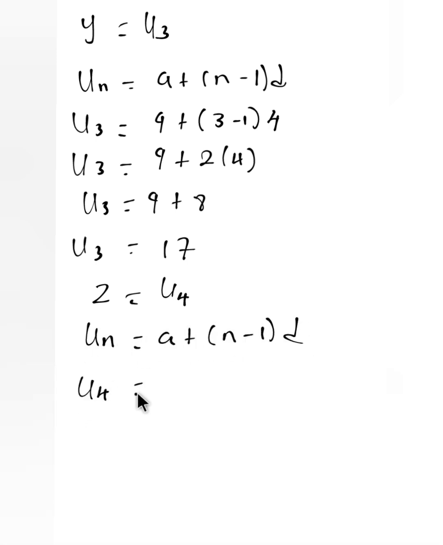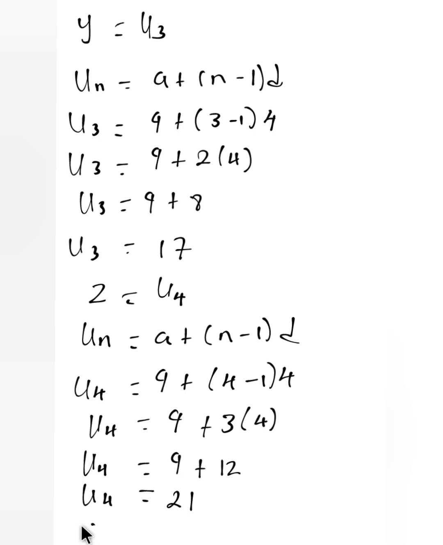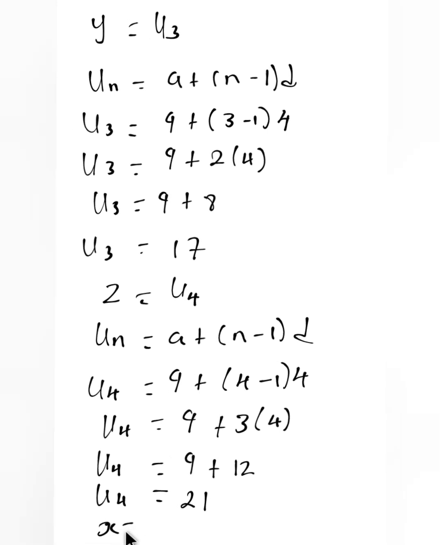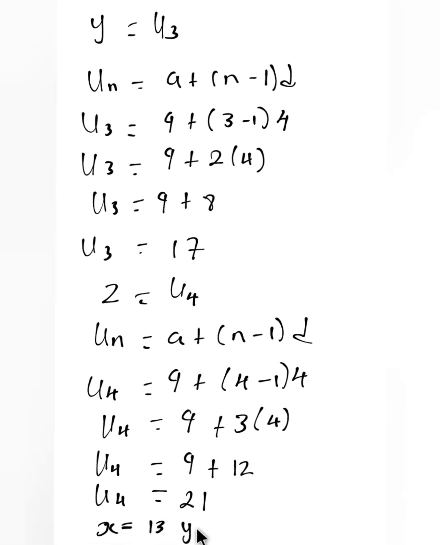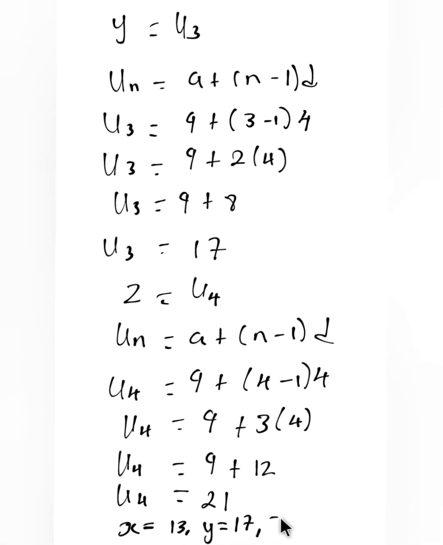Then U4 is equal to a, which is 9, plus 4 minus 1 times 4. U4 is equal to 9 plus 12. U4 is equal to 21. So we found z. So far we have that x is equal to 13, y is equal to 17, and z is equal to 21.